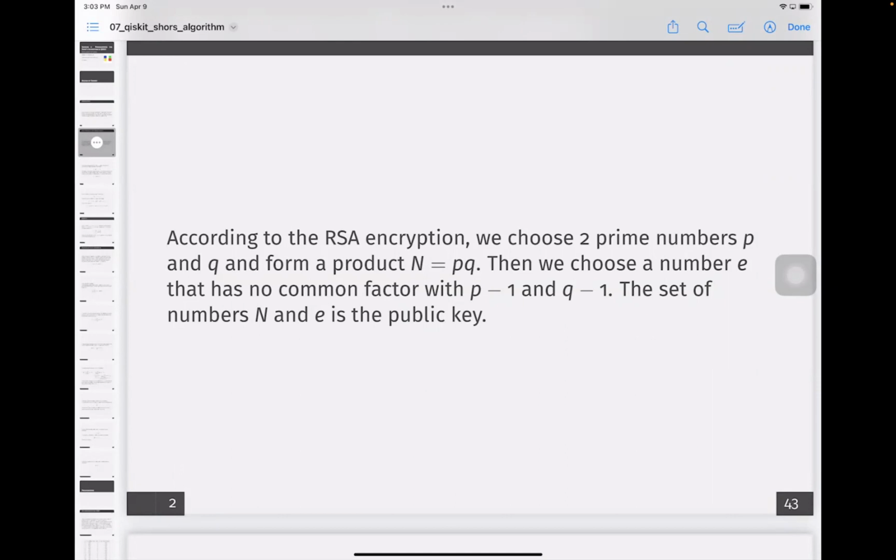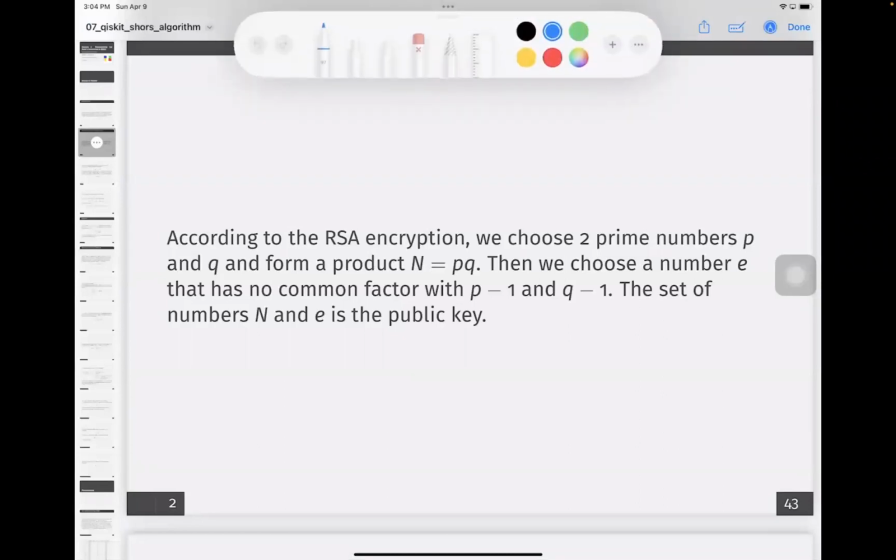of RSA very quickly. So, according to this theory, you have large prime numbers P and Q, which when you multiply will give you a composite number N. And then we choose a number E, which is what we'll use in order to encrypt messages.